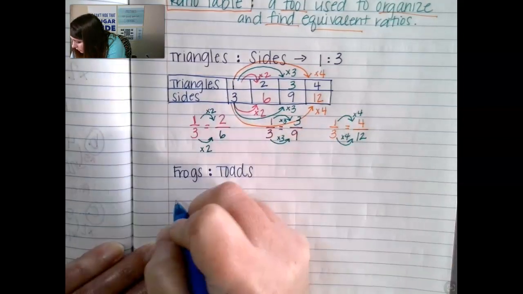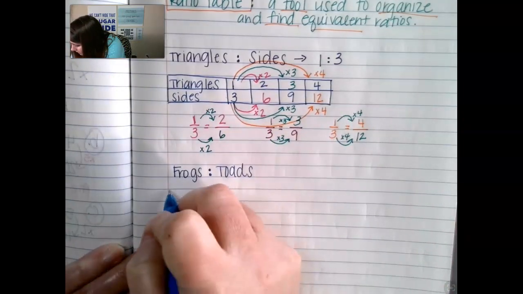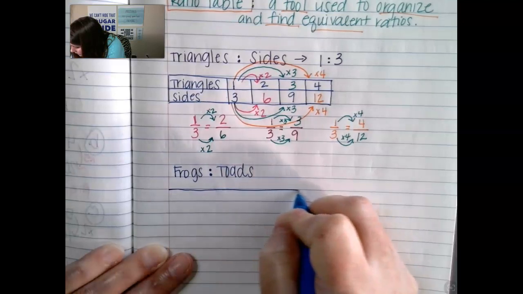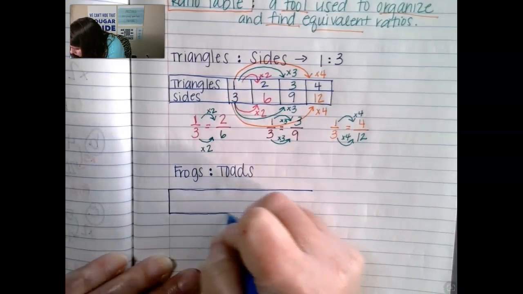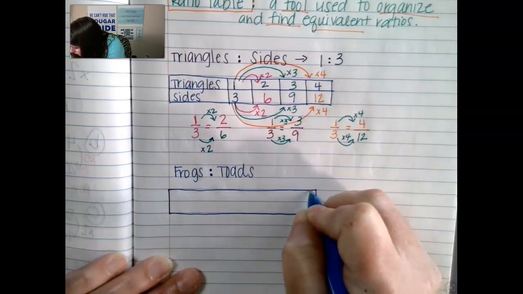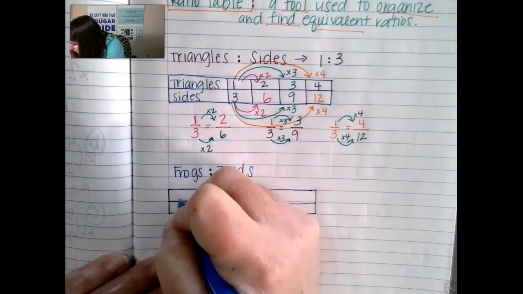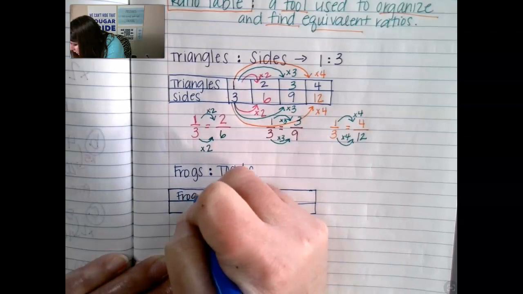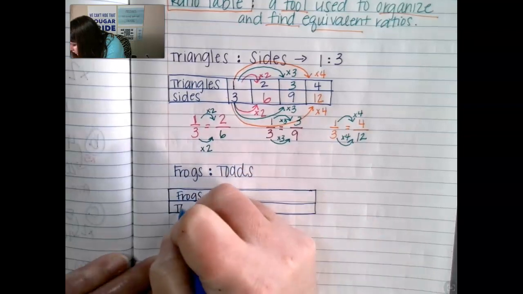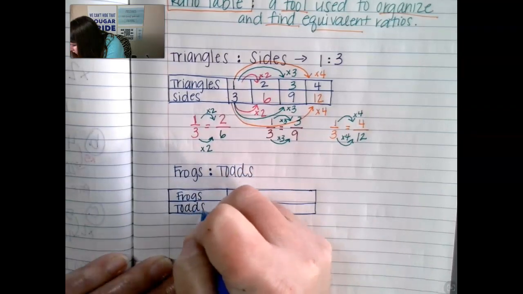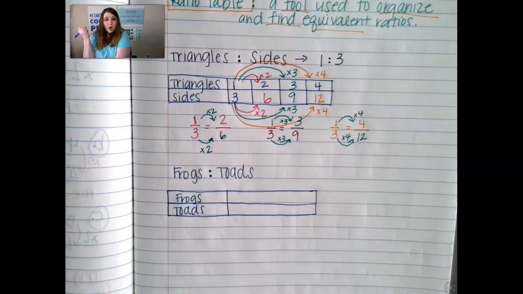All right. The ratio table that they give me looks like this. So let me set up the ratio table for you. And in this ratio table, we are going to compare frogs and toads. Okay, we're comparing frogs to toads.